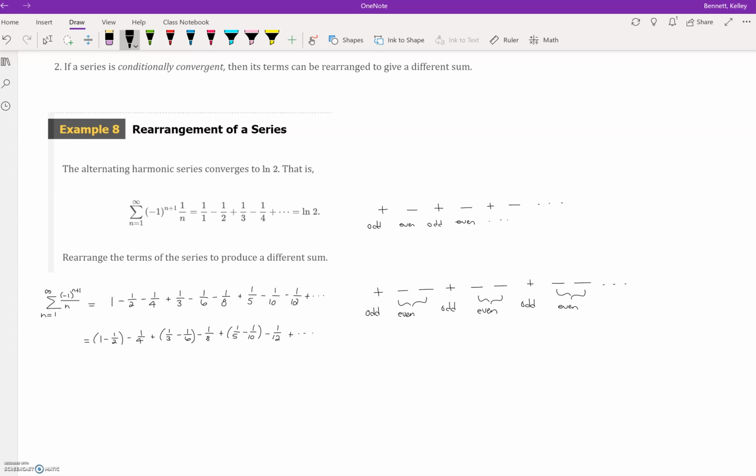Then I'm going to simplify those first pairs. So 1 minus a half is just a half. A third minus the sixth is a sixth. And then a fifth minus a 10th is a 10th.